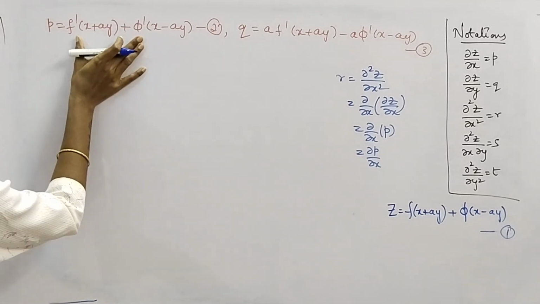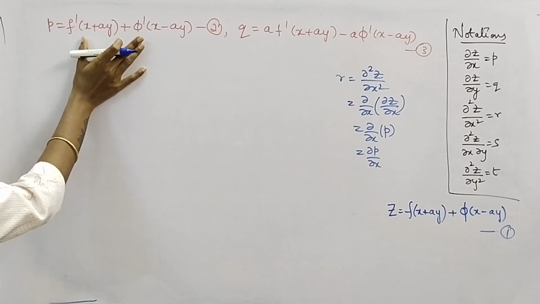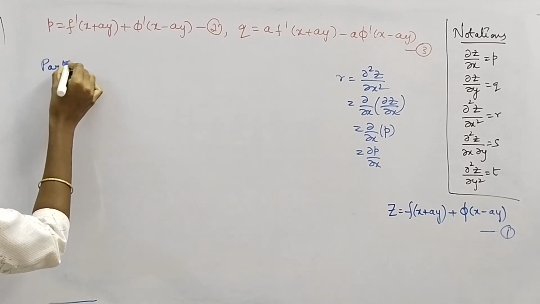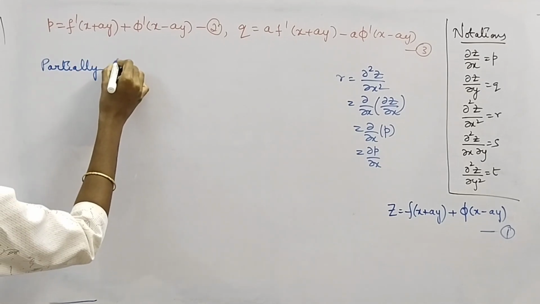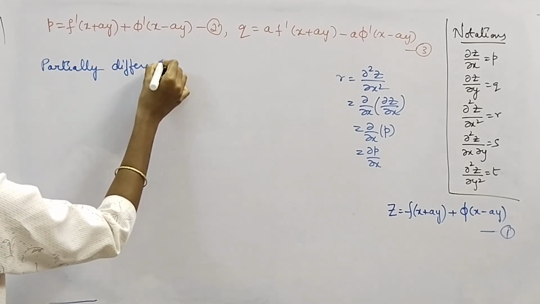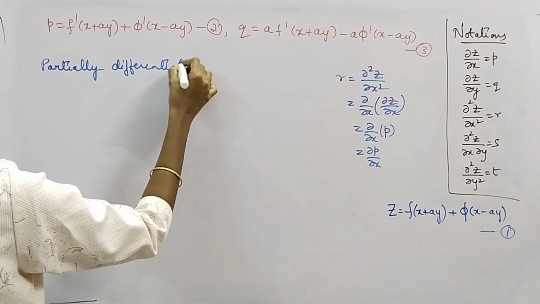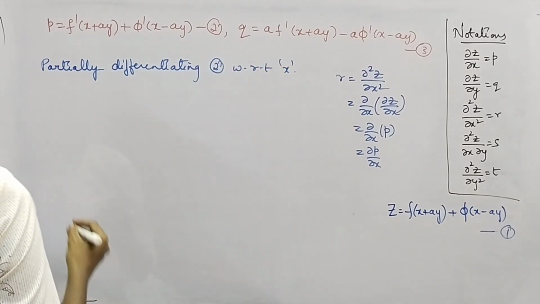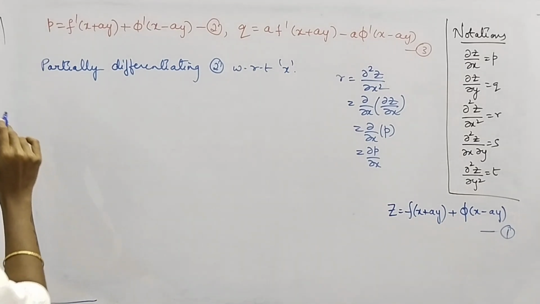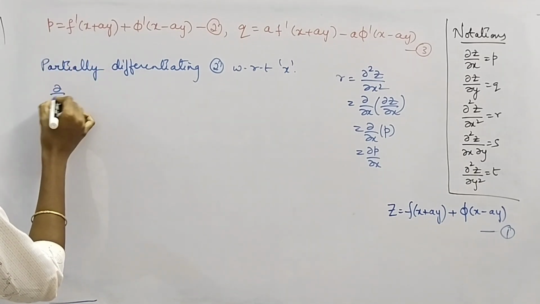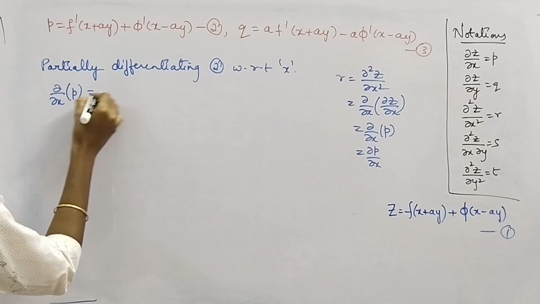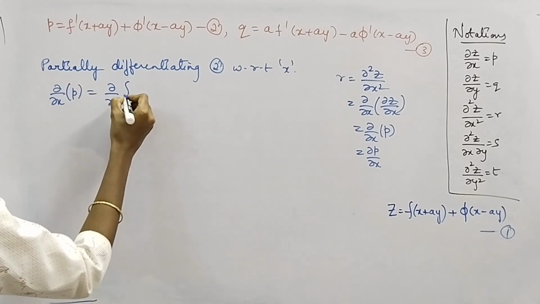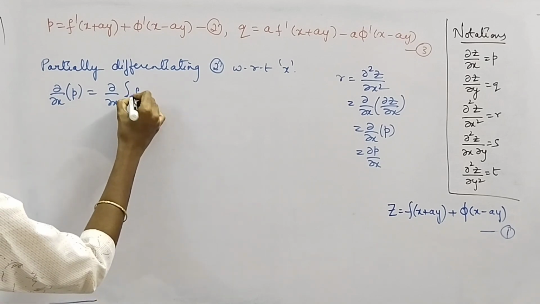Now let's partially differentiate equation 2 with respect to x. Just apply dou by dou x on both sides of equation 2 in order to avoid mistakes.